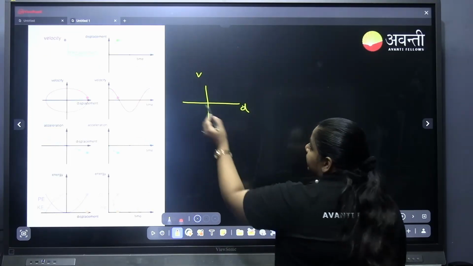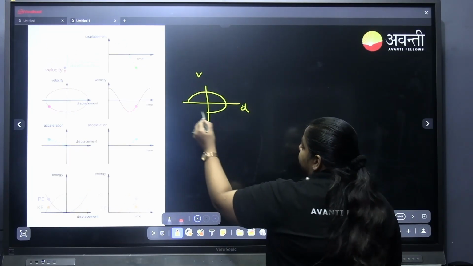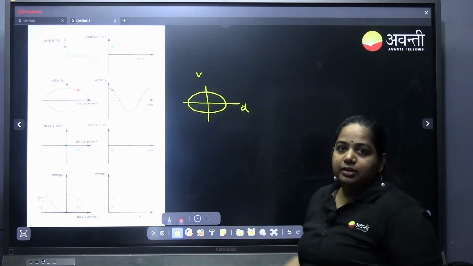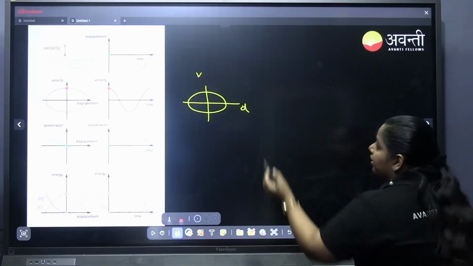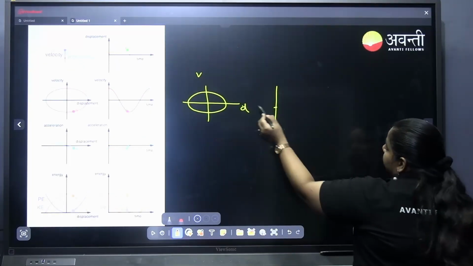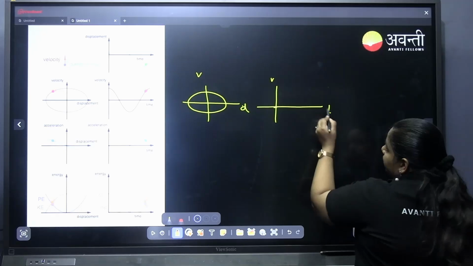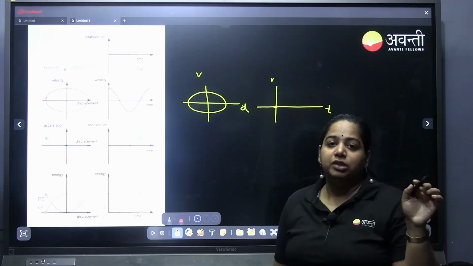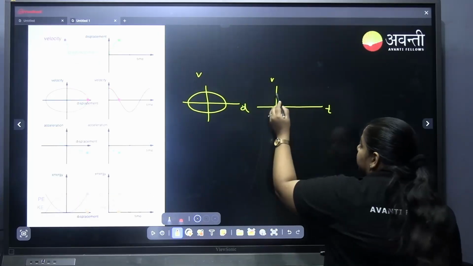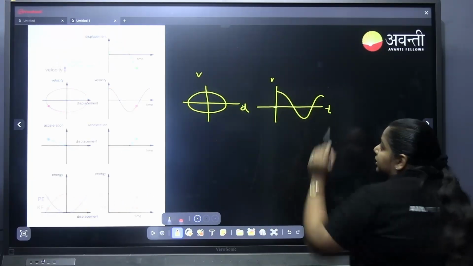Velocity versus displacement graph is like an ellipse. This is the velocity versus displacement graph and velocity versus time graph. If the object is starting from mean position, velocity is maximum, it will be like this.